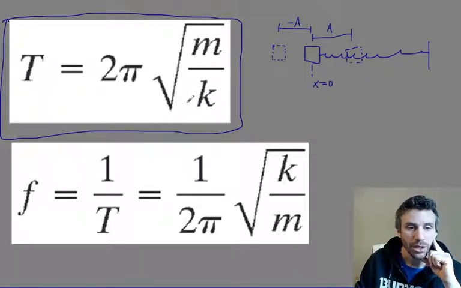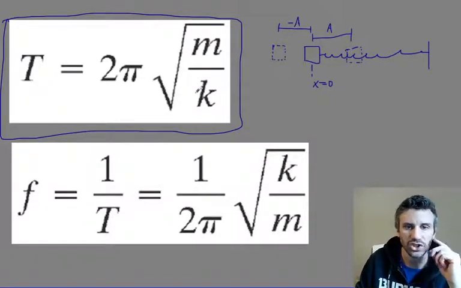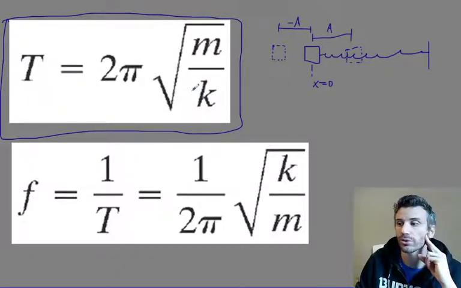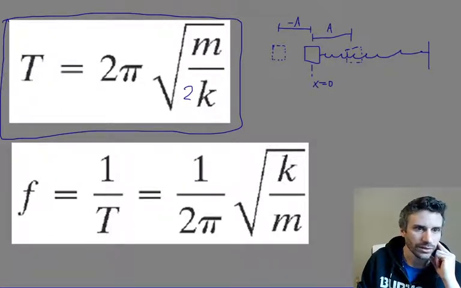But the way this sort of thing often gets used is a question might relate, hey, if you double k, how would that change the time period? You should know that it would change it by 1 over the square root of 2. So if I double k, then T would change by a factor of 1 over the square root of 2. That's a square root symbol there. So it's things like that you should recognize.